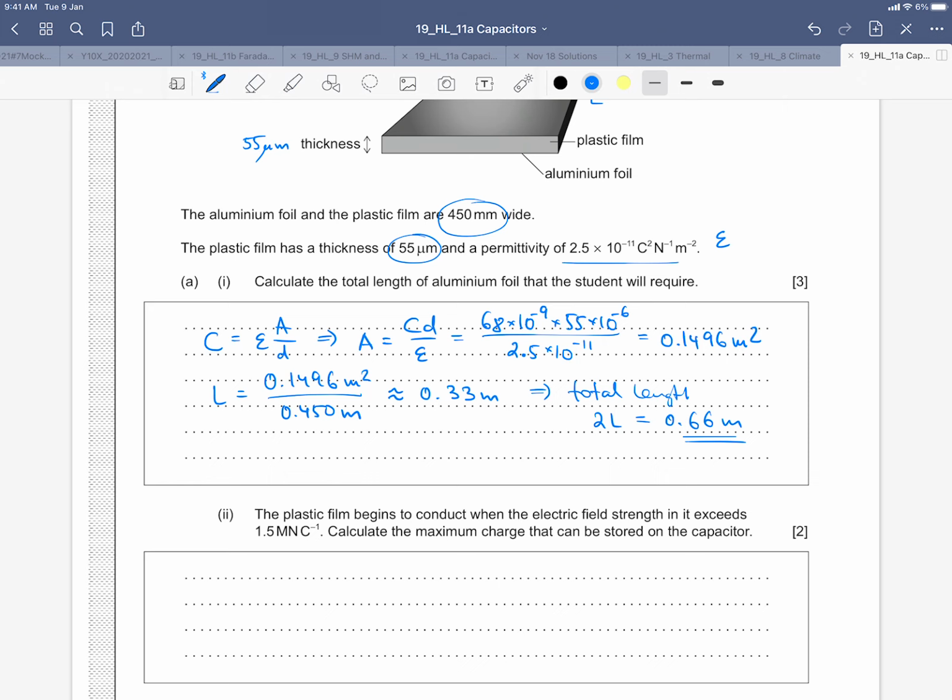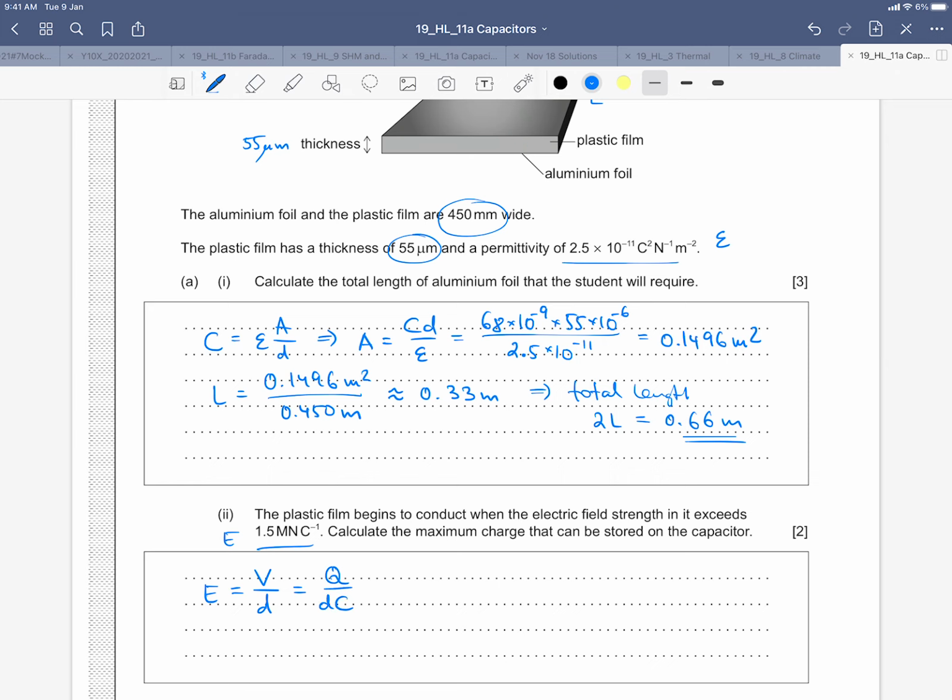Okay. So we're given an electric field strength, meganewtons per coulomb, and we know that the electric field strength between 2 parallel plates is the potential difference divided by the distance between the plates. But we also know that the voltage on a capacitor is Q over C, charge over C. So we can plug that in like this.